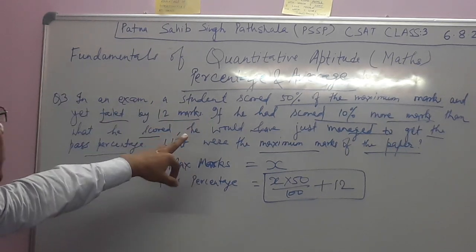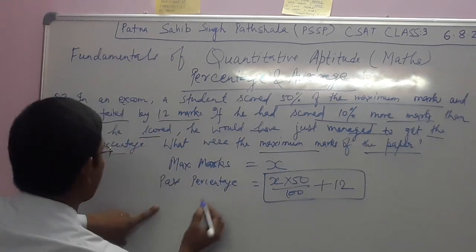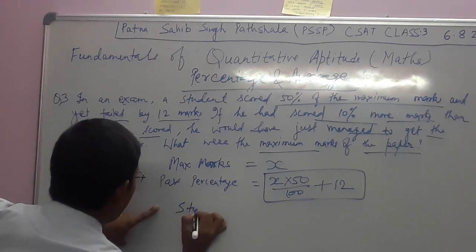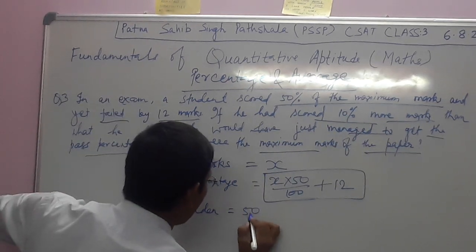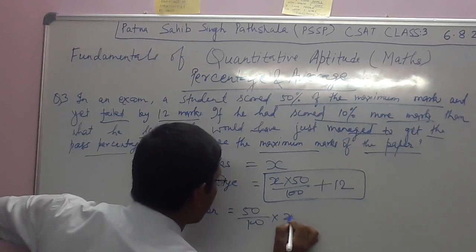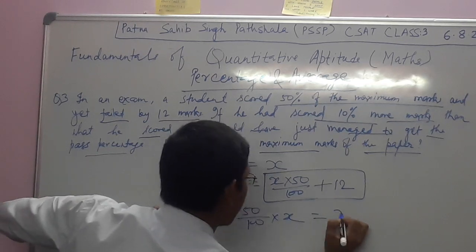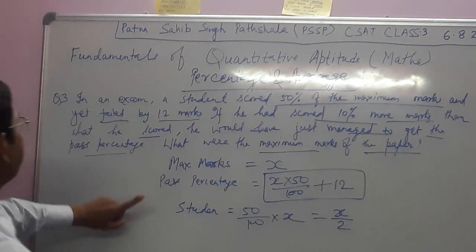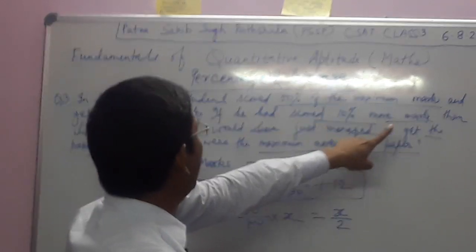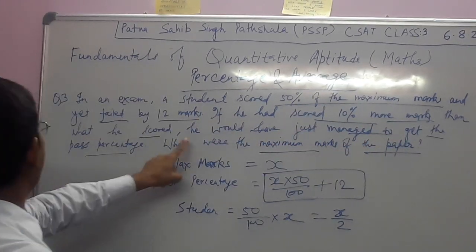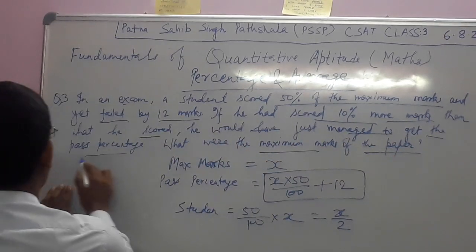The student scored 50% of the maximum marks, so marks scored by the student was 50% of the maximum. It means he had scored X by 2 marks. So if he had scored 10% more marks than what he had scored, then he would have managed to get the pass percentage.